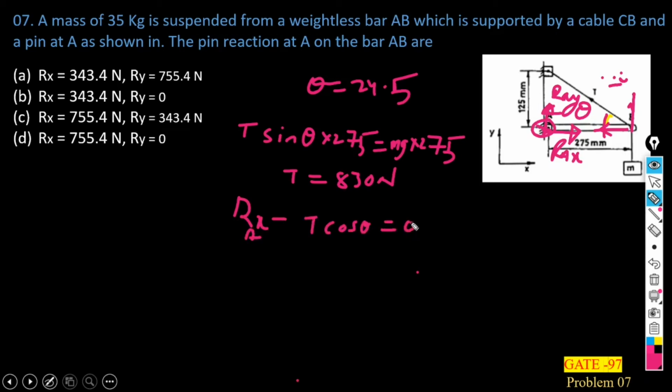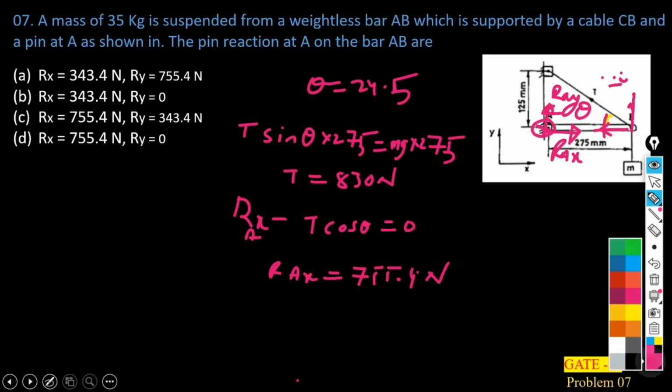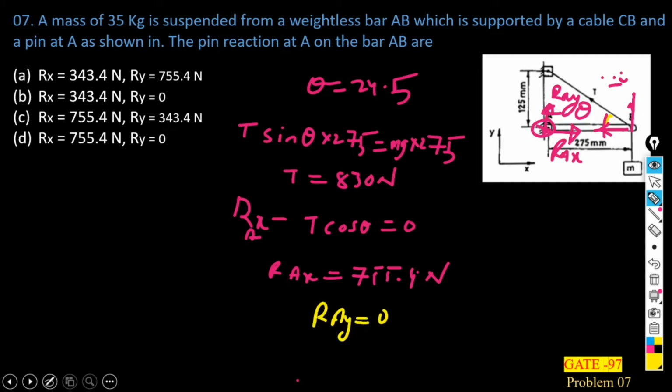Then Rax is equal to 755.4 newtons. And summation of forces vertical: the vertical force of tension T is balanced by mg, so the vertical force Ray should be equal to 0. Then option C is my correct answer in this case.